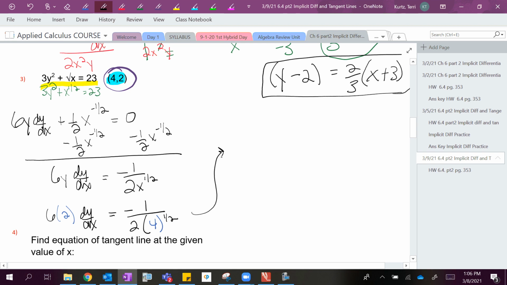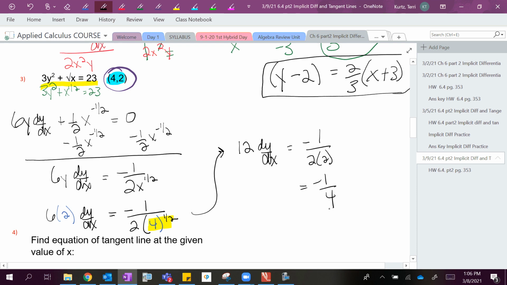Okay. If I keep simplifying, I end up with 12 dy/dx equals negative 1/4, right? So 4 to the 1/2 is the square root of 4, which is a 2. So I've got 2 times 2, which gives me negative 1/4.